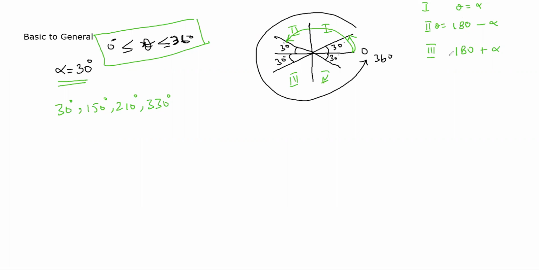Here theta is 180 minus alpha, then 180 plus alpha, and in the fourth quadrant, this is always 360 minus alpha. Okay, now you can note this down, or even if you don't, you can just see it as you move from one position to the next.